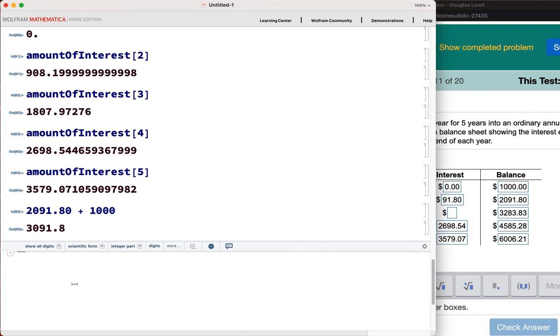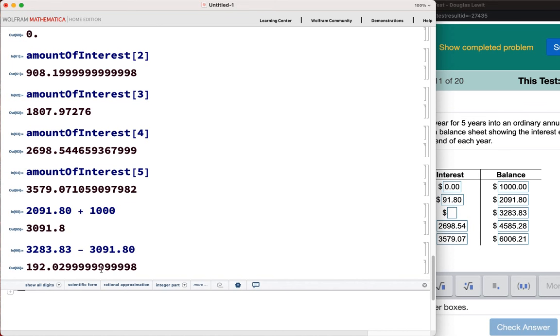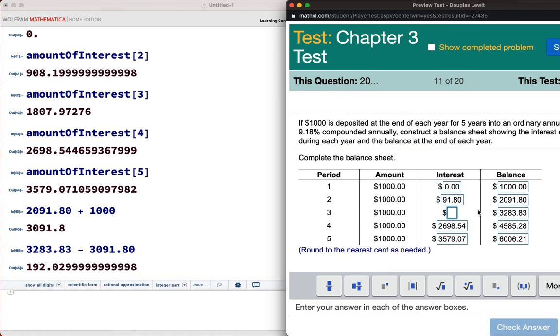That gives us $3,091.80. So then $3,283.83 minus $3,091.80. That's going to have to give us $192.03. So these answers are correct. These answers are definitely correct.